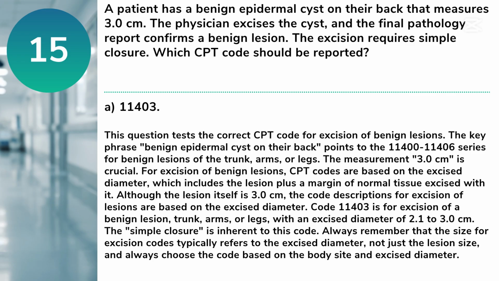Although the lesion itself is 3.0 centimeters, the code descriptions for excision of lesions are based on the excised diameter. Code 11403 is for excision of a benign lesion, trunk, arms, or legs, with an excised diameter of 2.1 to 3.0 centimeters. The simple closure is inherent to this code. Always remember that the size for excision codes typically refers to the excised diameter, not just the lesion size, and always choose the code based on the body site and excised diameter.